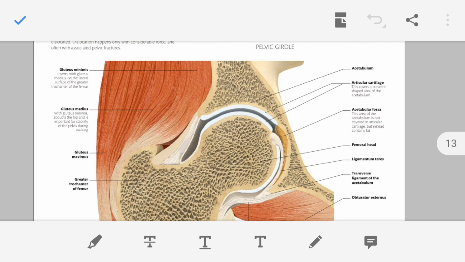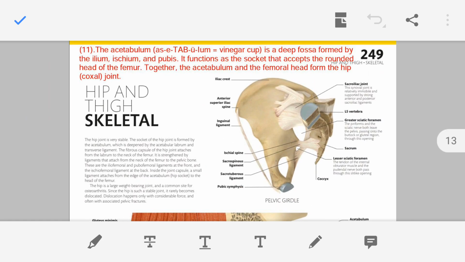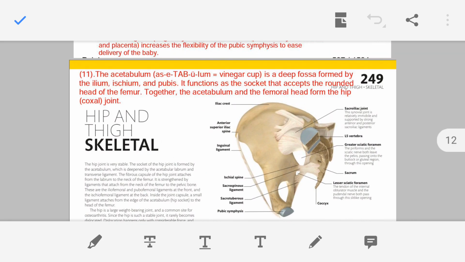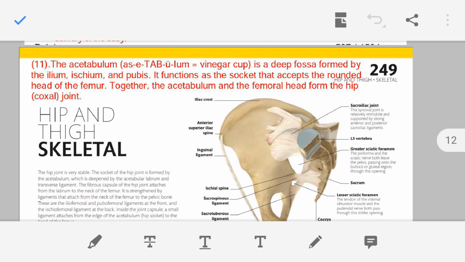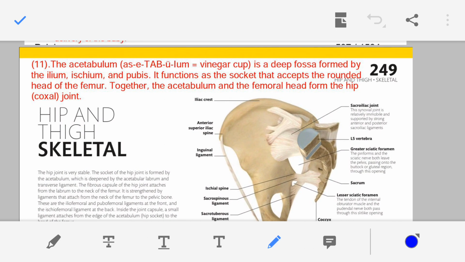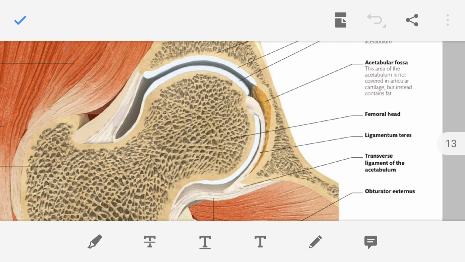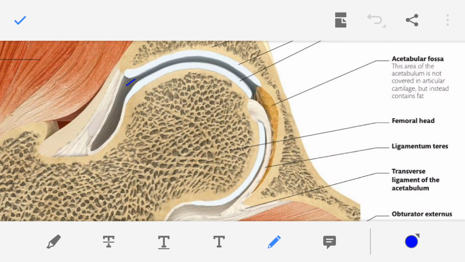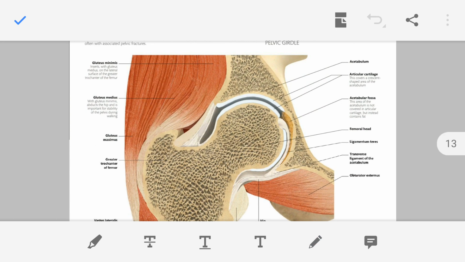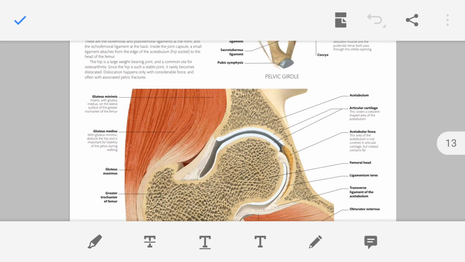So the joint which is formed over here between the acetabulum and the head of femur, that joint is known as hip joint or the coxal joint. So this joint is actually the hip joint or the coxal joint.